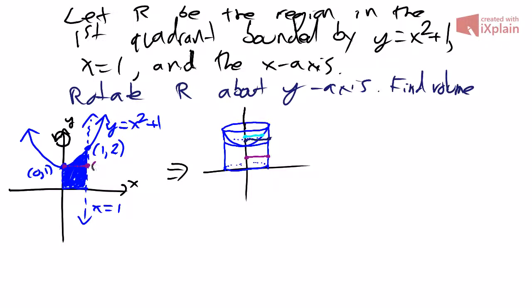So this would be 1, 1, that point there at the end. Okay. So now, if you recall from last time, little r of y, that's going to be given by y minus 1.